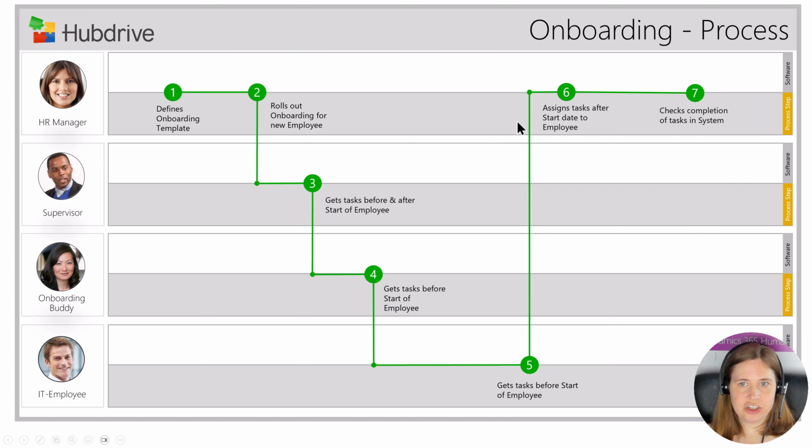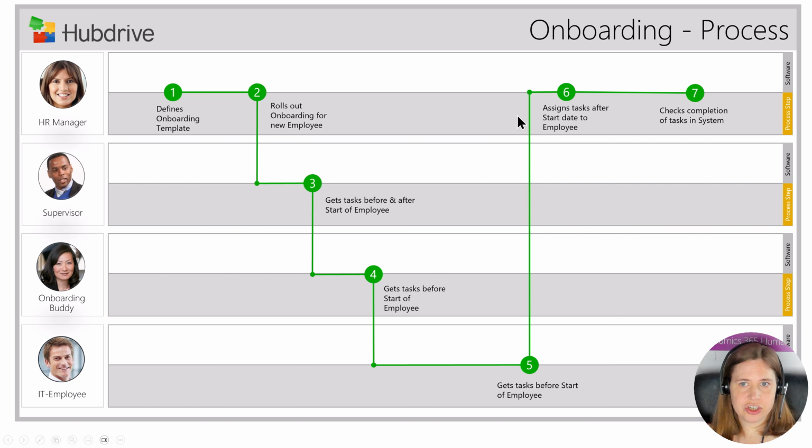Also, the HR manager can assign tasks after the start date to the employee. For example, attend this training, attend that training, read our guidelines, and so on. They can also check the completion of the tasks in the system to see if everything is going smoothly.